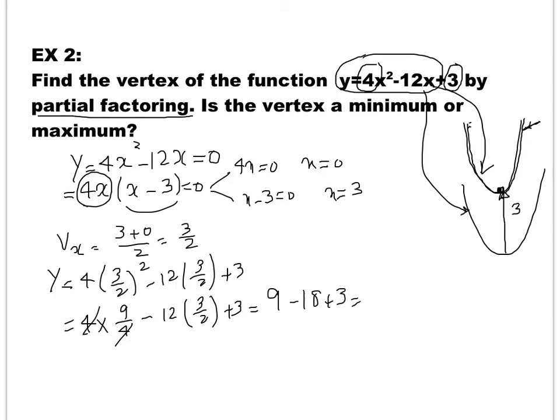And here 9 minus 18 plus 3 is going to give me minus 6. So the y-coordinate is negative 6, so the vertex is at (3 over 2, negative 6). And again, since the leading coefficient 4 is positive, the parabola opens upward, so it's a minimum, and the value of the minimum is negative 6.